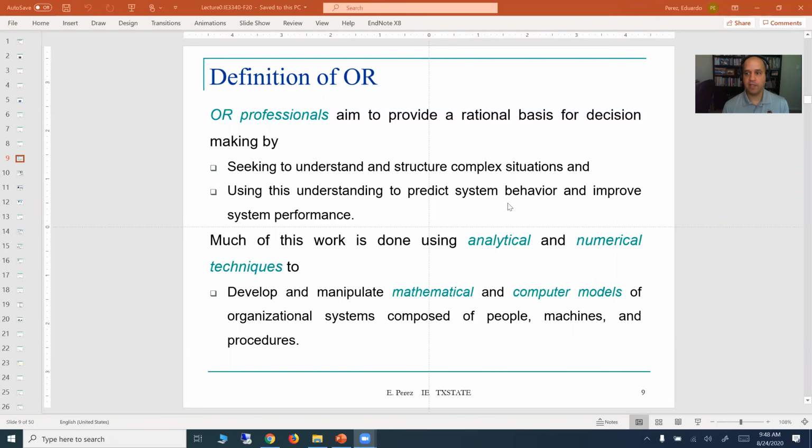We need to keep in mind that getting the solution for those might take longer in terms of computer power and solution time. But we use this understanding to predict system behavior and improve system performance. Much of this work is done using analytical and numerical techniques, such as developing mathematical and computer models of an organizational system composed of people, machines, and procedures.